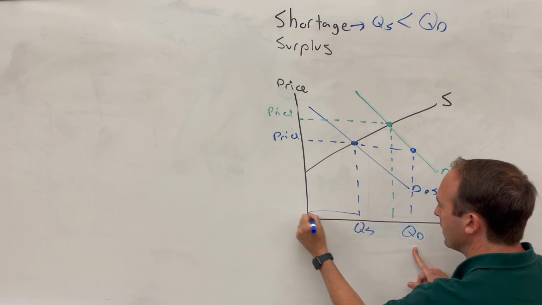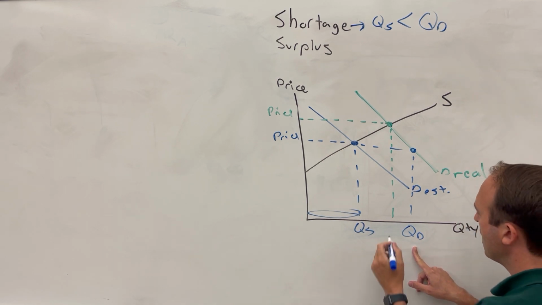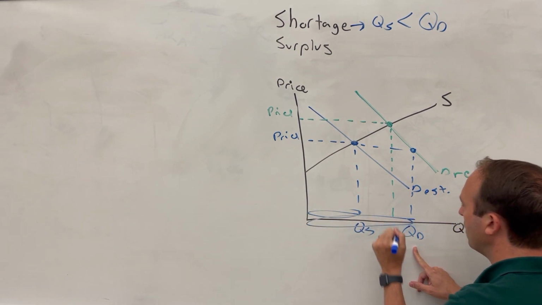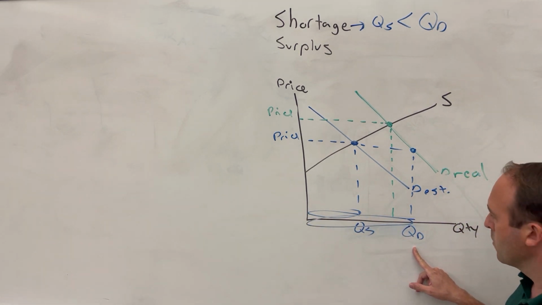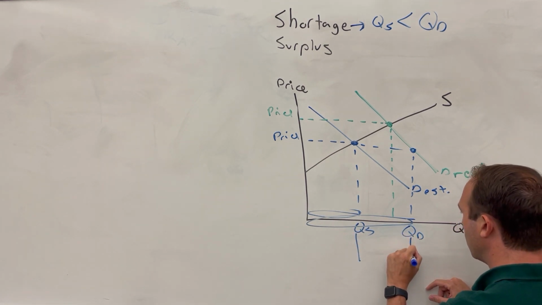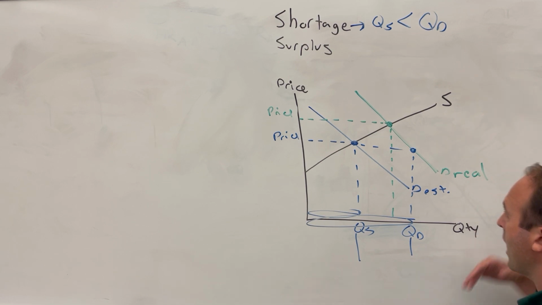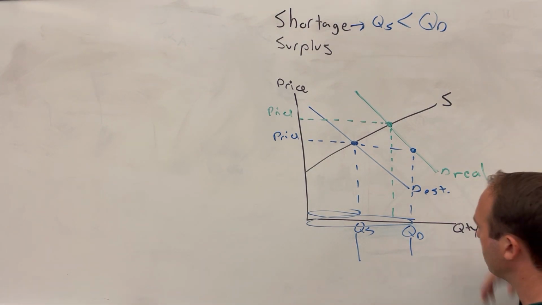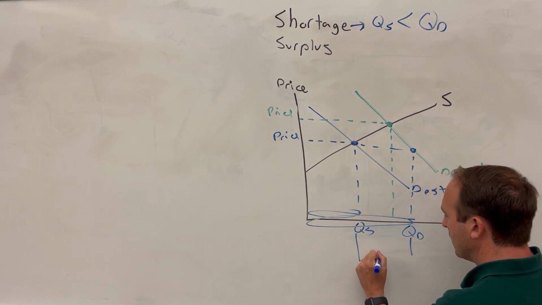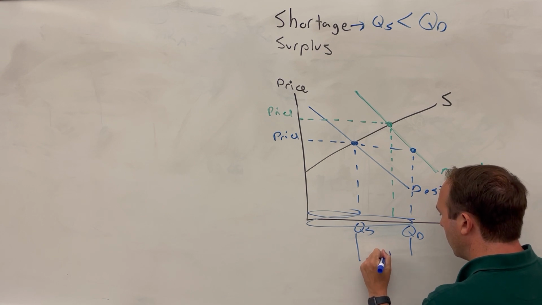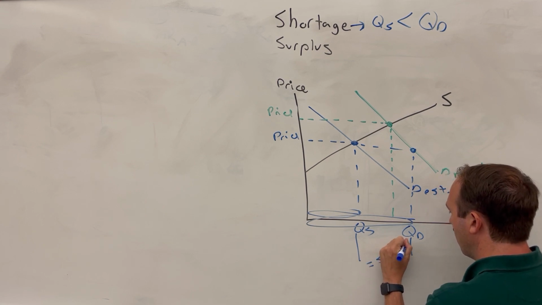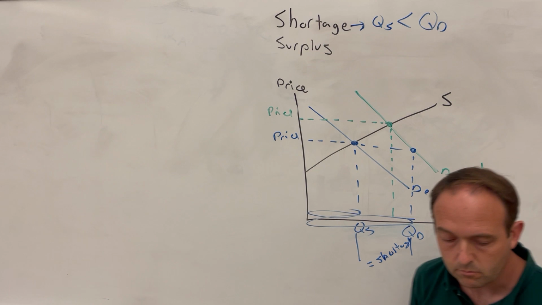The quantity supplied is here, they're making this many units, but this many people show up and try and buy it. And that gap between here and here, the gap between the quantity supplied and the quantity demanded at the actual price they're charging, that gap is equal to your shortage for the product.